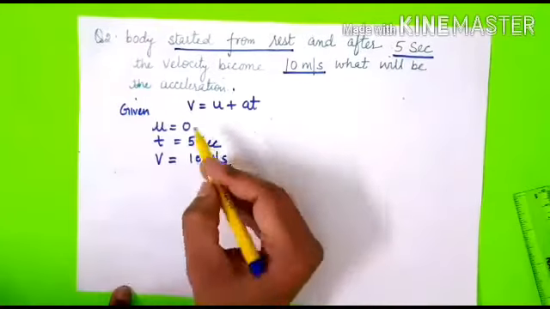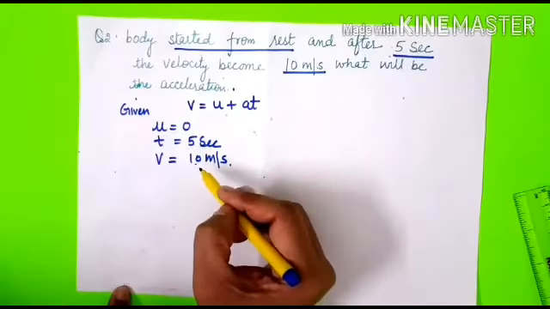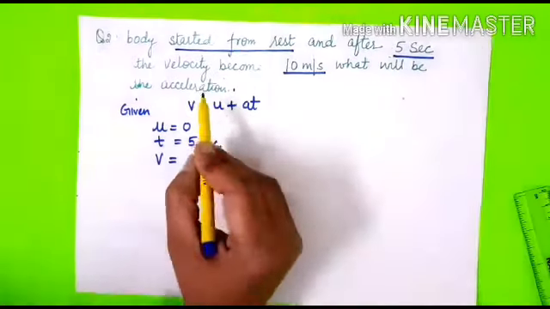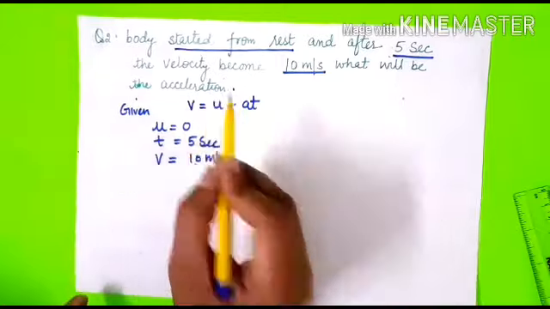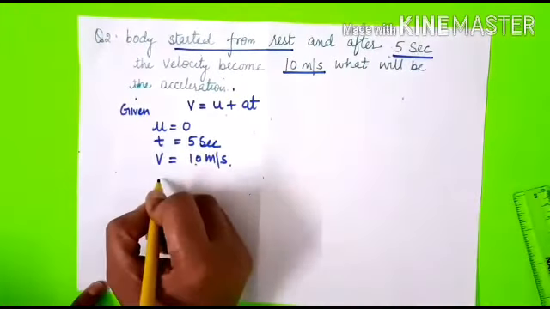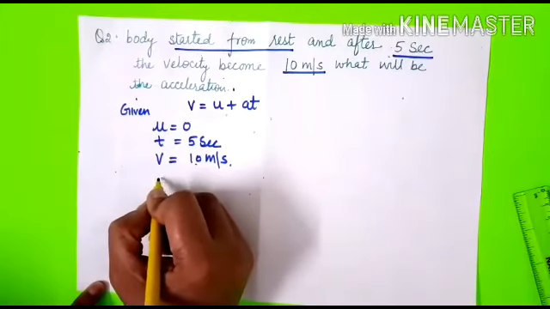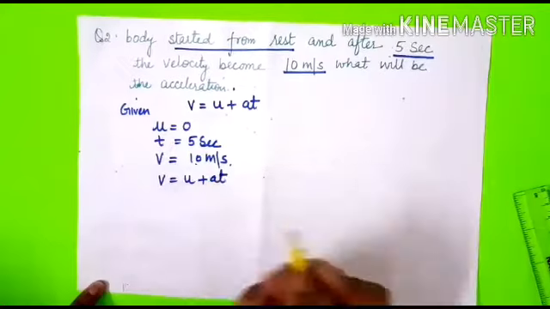As you can see, 0 to 10 means velocity increases. So here we need to calculate the acceleration, and acceleration is always positive, retardation always negative. Clear? So just put the values into this equation of motion.